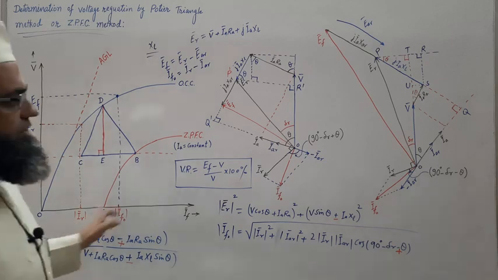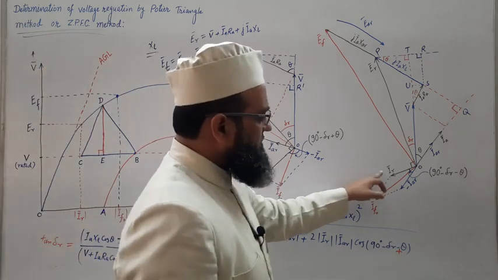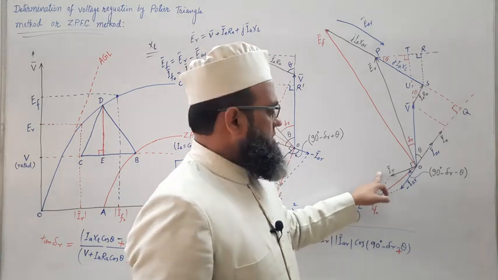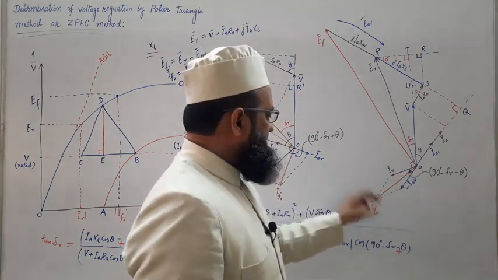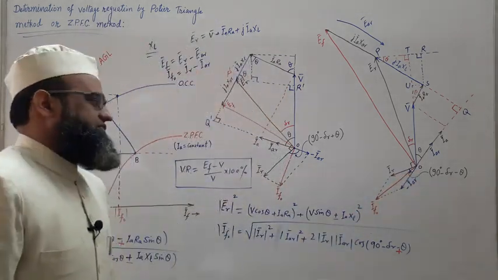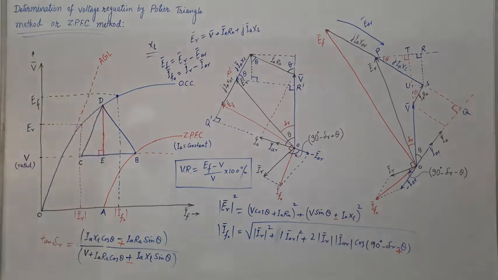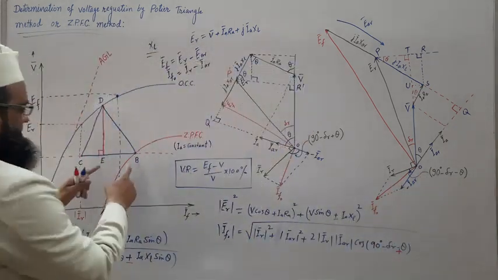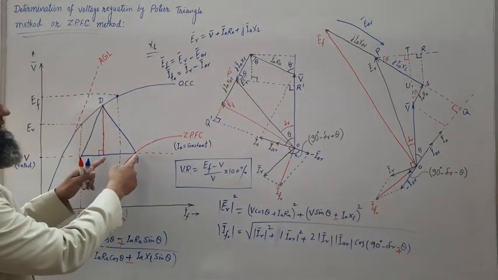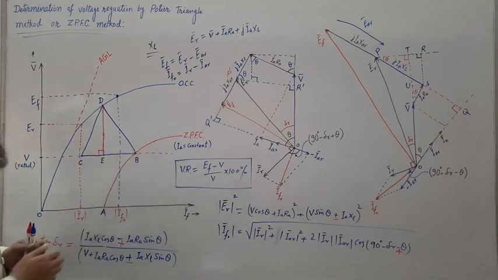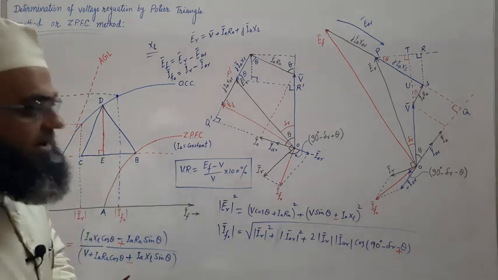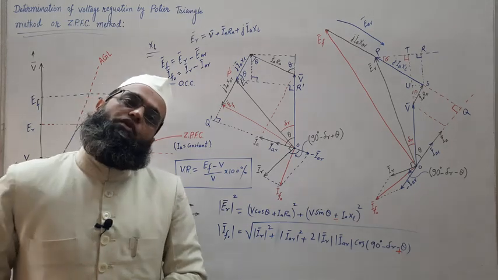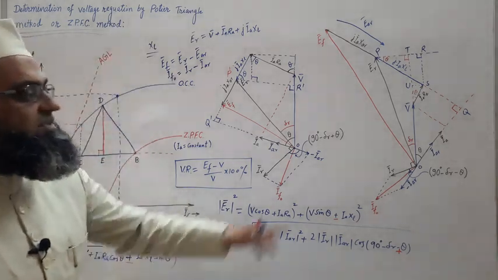Once IR is known, this IR or this IR, we may get IF0. Fine. IAR is known from here, as already discussed, that this length BE represents the field current corresponding to armature reaction drop, that is IAR.